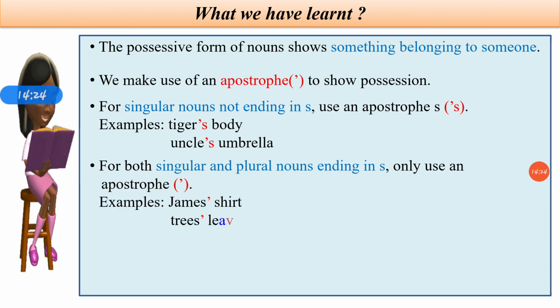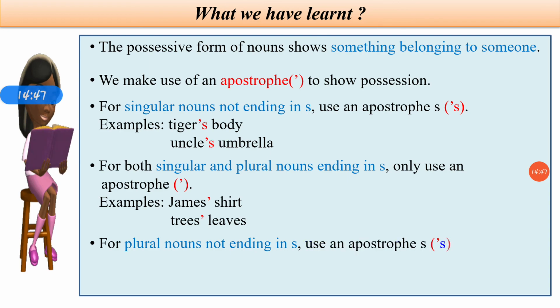Example, James' shirt. James is a singular noun, and trees is again a plural noun. Both nouns end with the letter s, so we just add an apostrophe to both of the nouns.